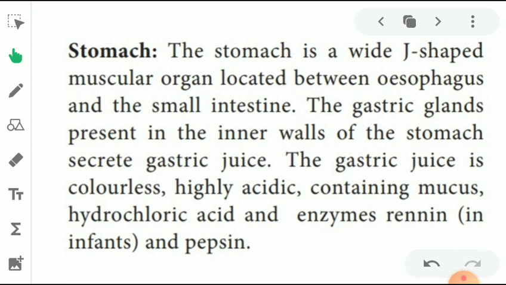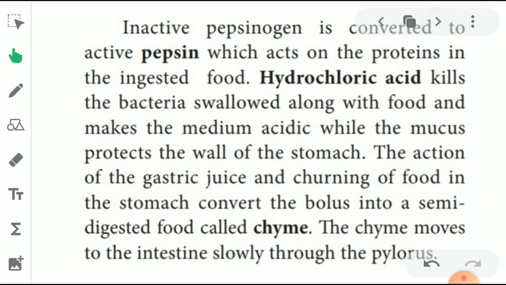Renin is present only in infants, meaning newborn babies. Inactive pepsinogen is converted to active pepsin, which acts on the protein in ingested food. Ingested means swallowed. Hydrochloric acid kills the bacteria swallowed along with the food and makes the medium acidic, while mucus protects the wall of the stomach, since the HCl is diluted.